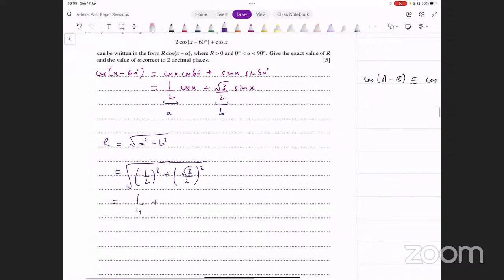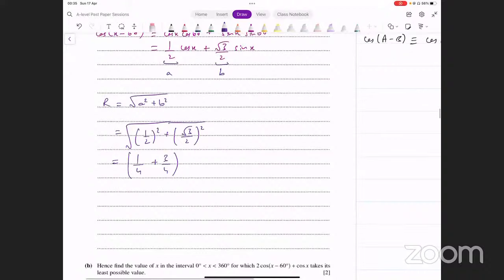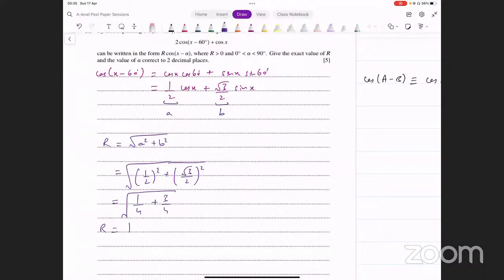1 over 4 plus 3 over 4 whole square root, and that is 1. R की value हमारे पास यहाँ से आ गई 1. Is that correct? A square, that is 1 over 2.